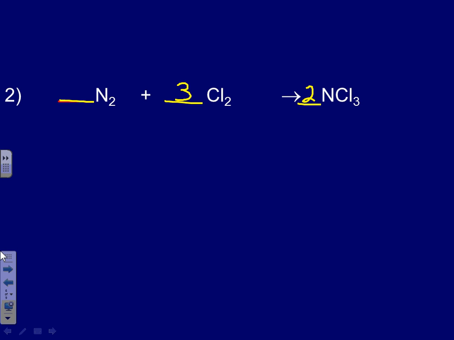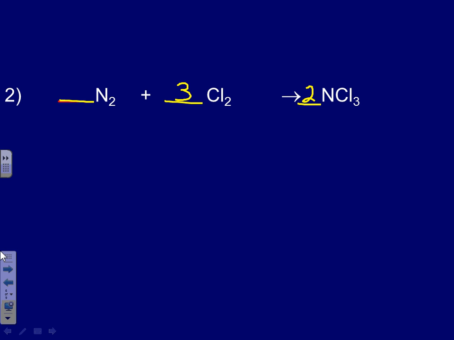How many N's are there? There's 1, but times 2 is 2. I've got 2 N's on the right. How many N's do I have here? 2. 1 times 2. Is this balanced? We think it's balanced. I'm going to check just to make sure.